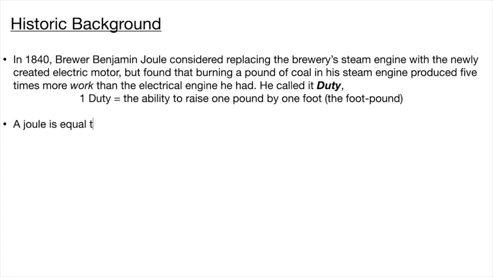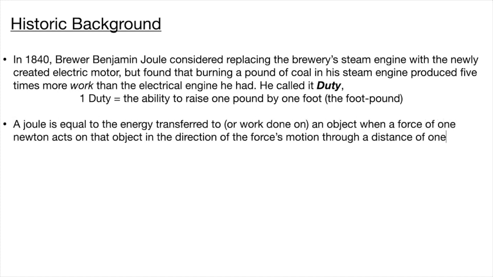A joule is equal to the energy transferred to, or the work done on, an object when a force of 1 Newton acts on that object in the direction of the force's motion through a distance of 1 meter. 1 joule equals 1 Newton times 1 meter. Therefore, joule is work. Work equals force times distance.